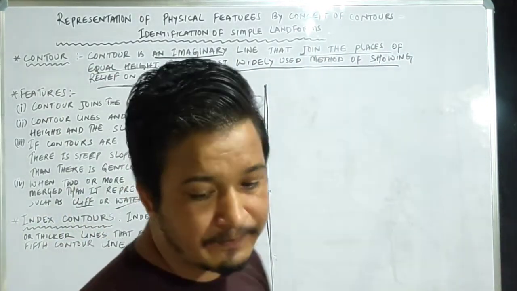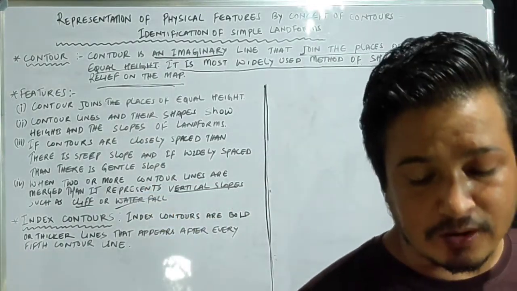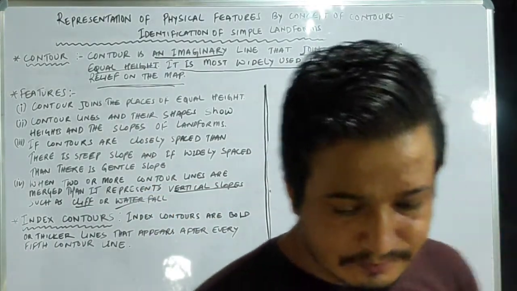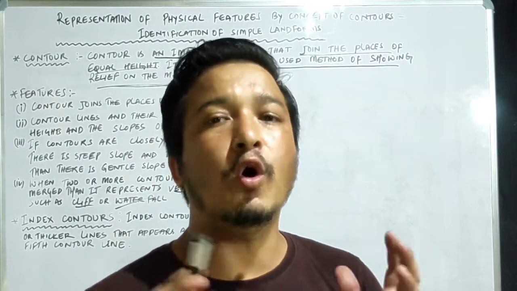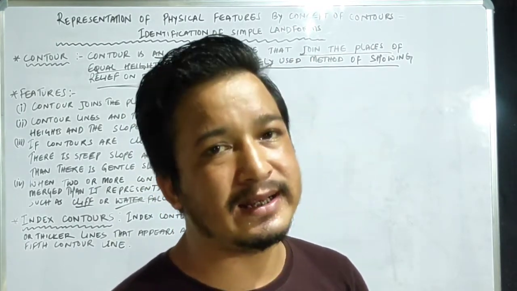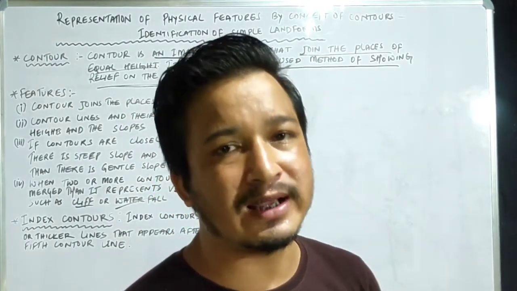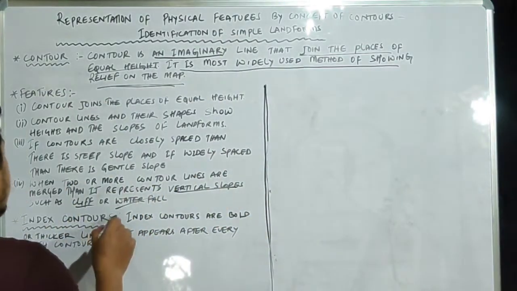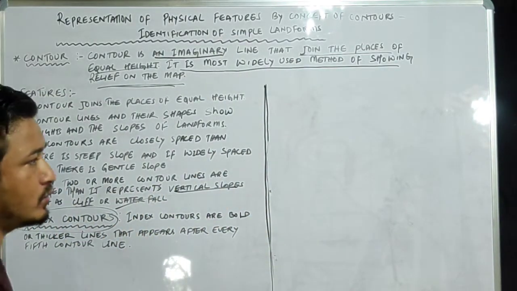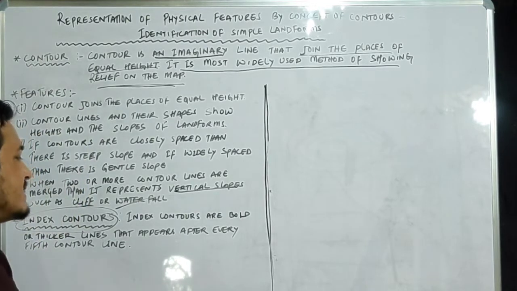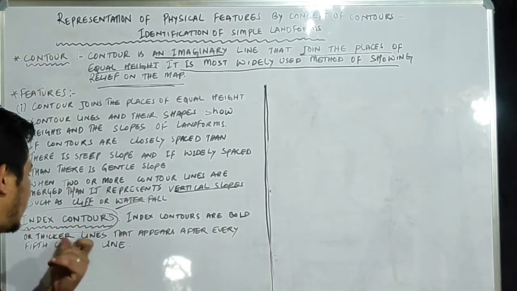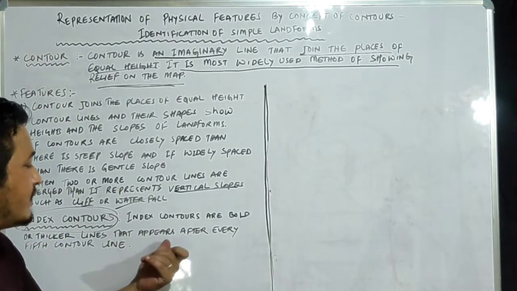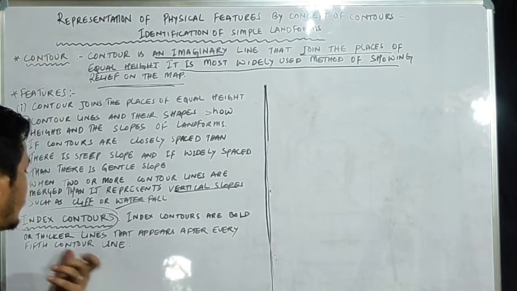Here you can see after every fifth contour line we have one bold line. These bold contour lines are known as index contours.